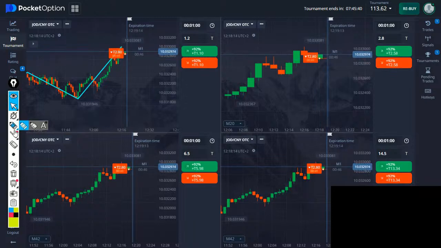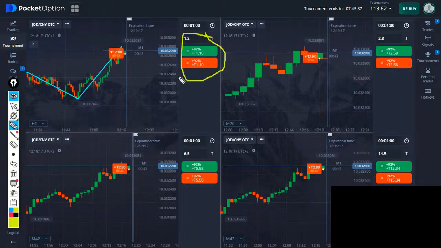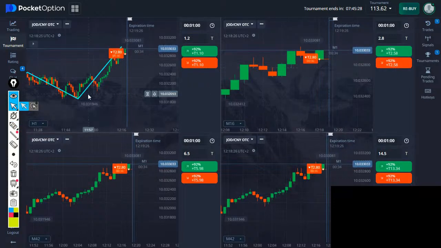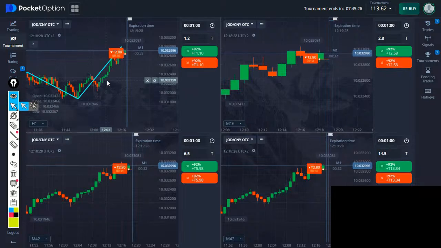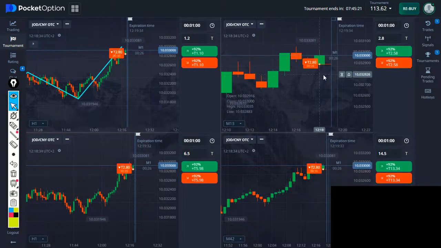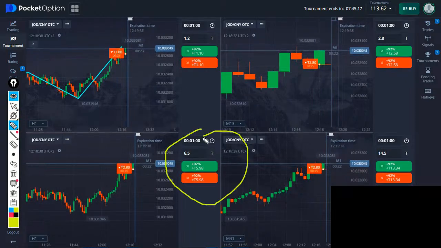I can't stress enough the importance of the payout percentage. It can make or break your earnings or winnings. So now if this one is a loss, we'll go for a buy over here.